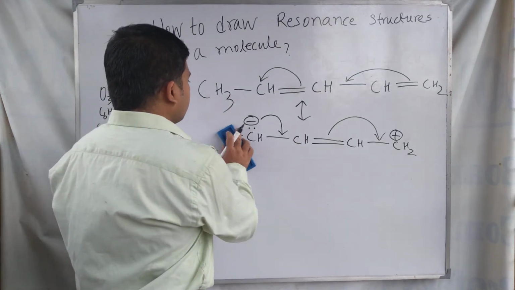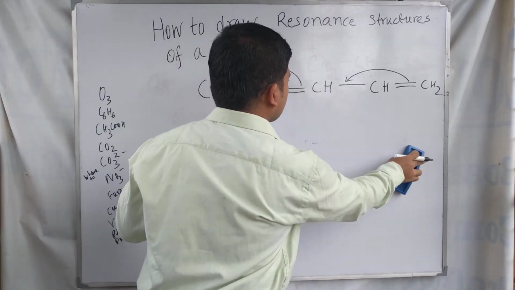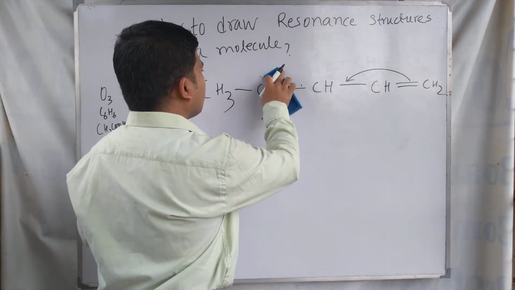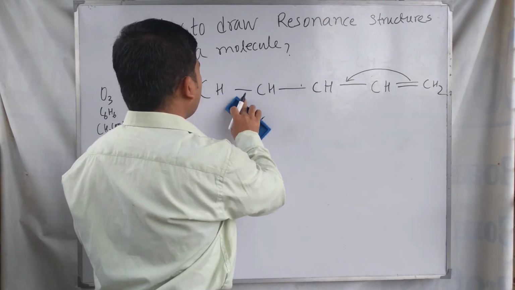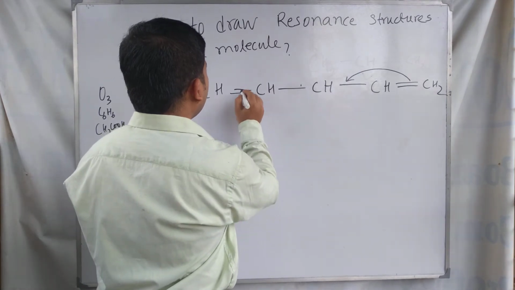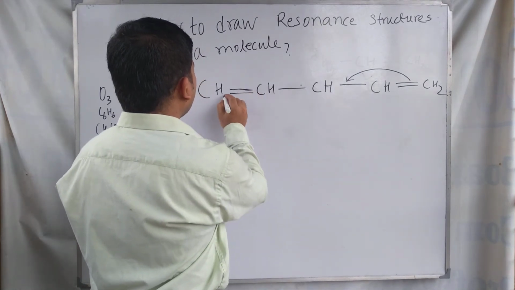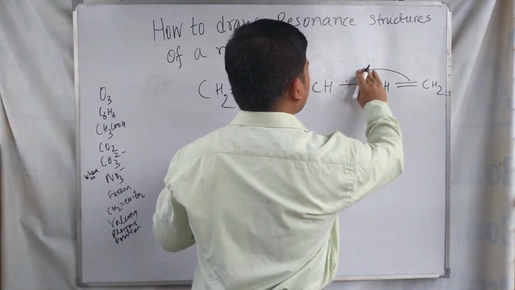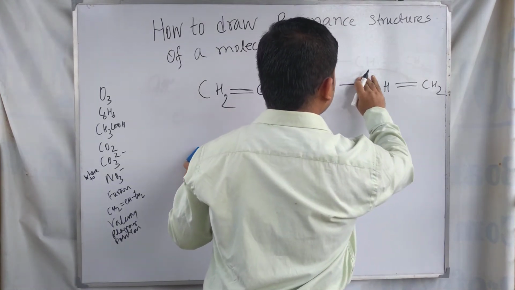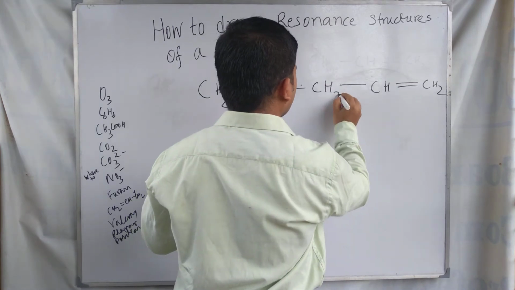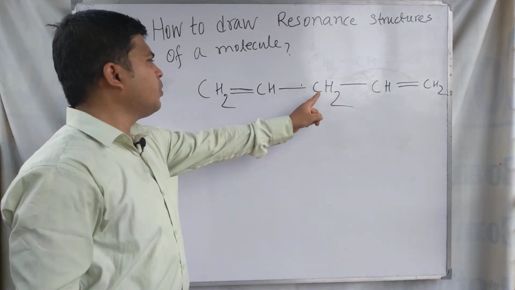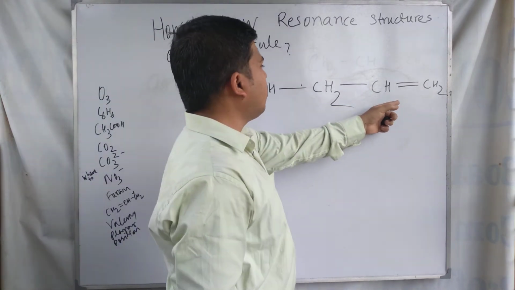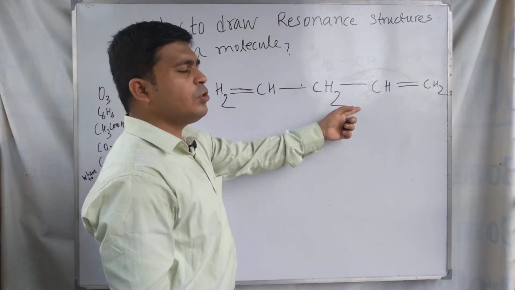And suppose this double bond is present between these two carbons, and it is a CH2 group, and this carbon-carbon double bond and that carbon-carbon double bond are separated by a CH2 group.